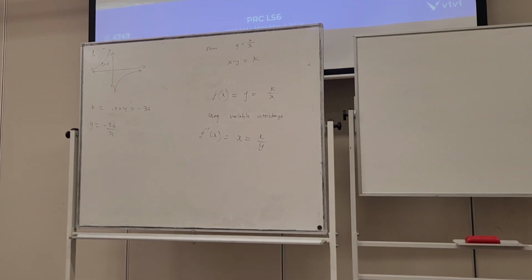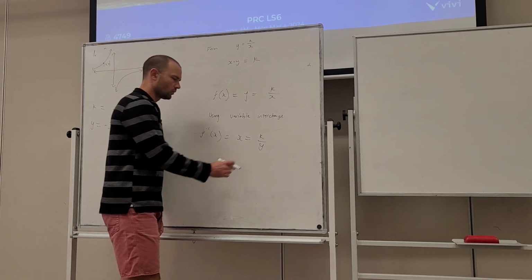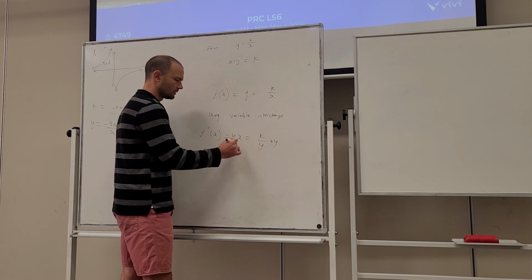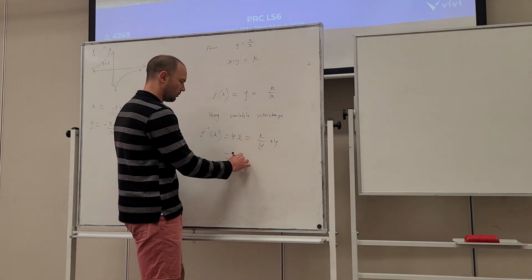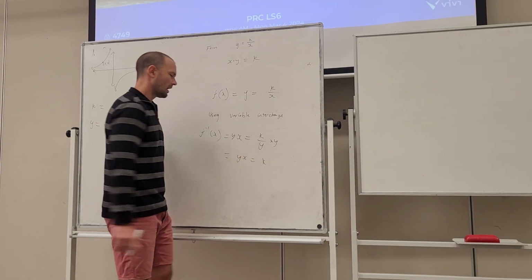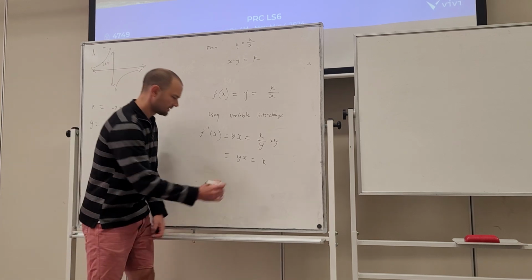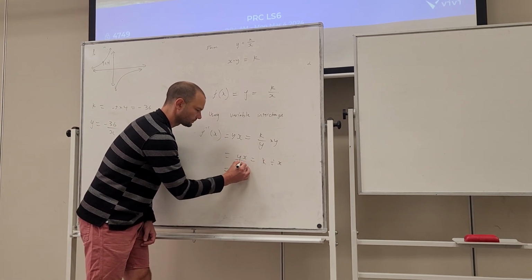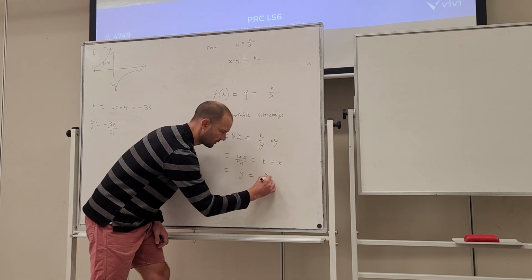And then all we're doing to demonstrate the truth of it, the veracity, is we'll multiply both sides by y, which will give us yx equals k, and then we'll divide both sides by x, which would give us y is k on x.